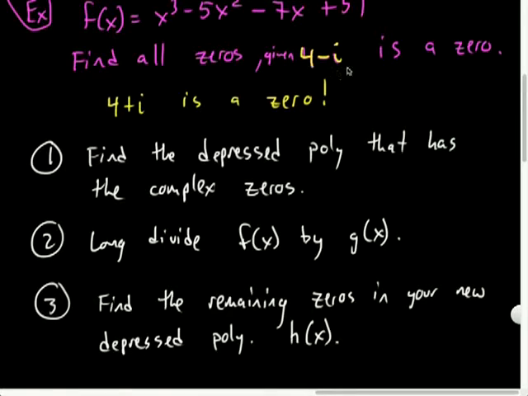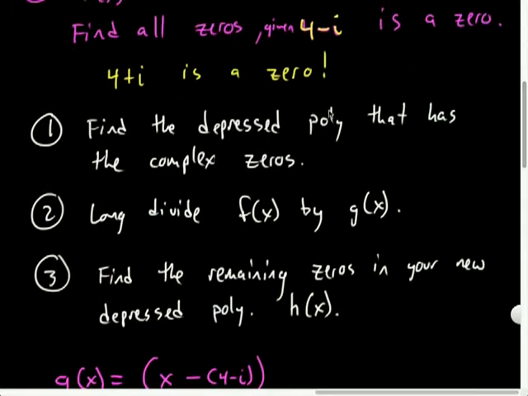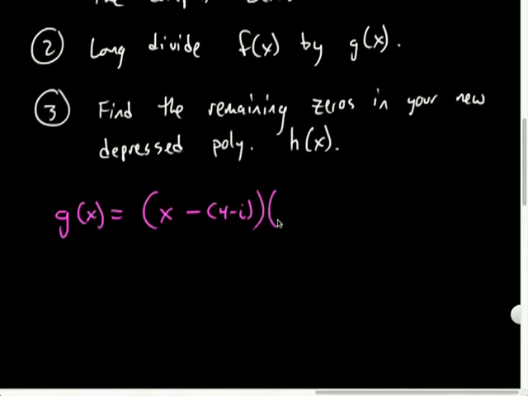So if I say 4 minus i is a zero, then that means, ready for this? My depressed polynomial must have x minus 4 minus i as a factor. It's kind of weird looking. And if 4 plus i is a zero, then x minus 4 plus i is a factor.